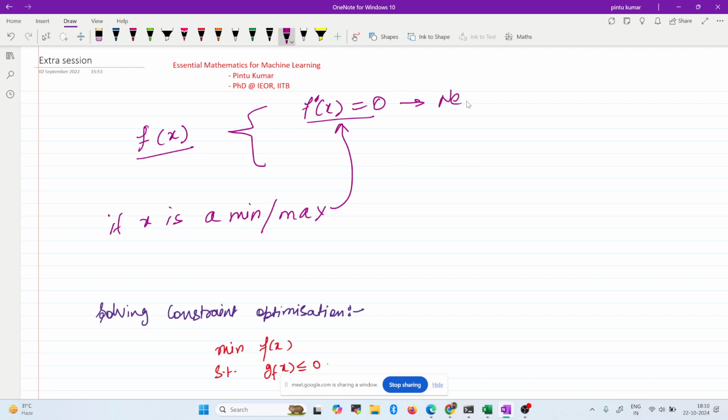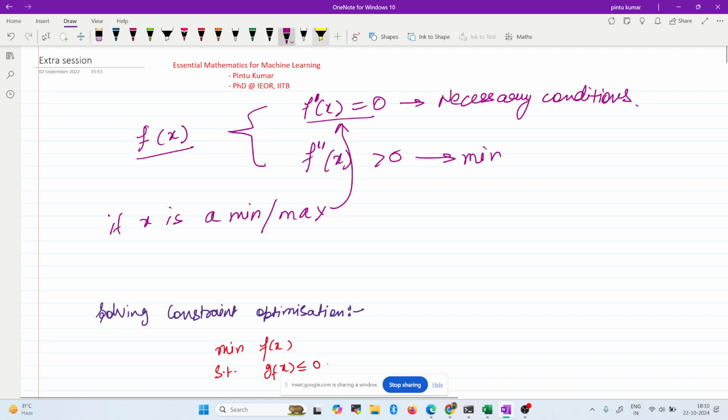These kinds of conditions are called necessary conditions. Whatever you solved was a necessary condition for a point being a minima or maxima. Then you used to evaluate f double dash x. If it was greater than 0, you said it is a minima. If it was less than 0, you said it is a maxima.